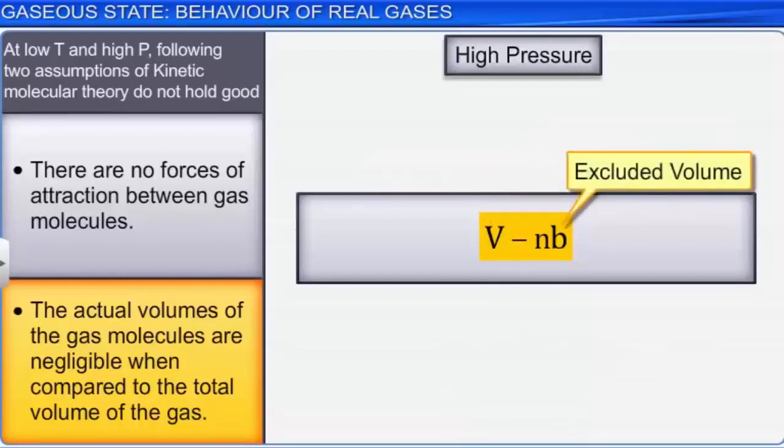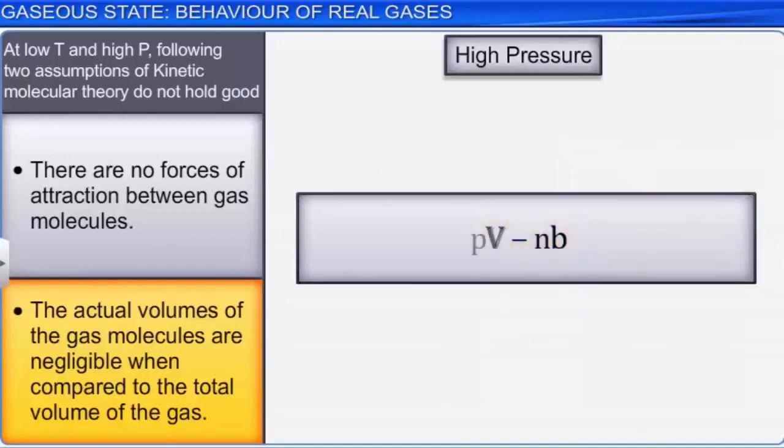After substituting the two corrections of pressure and volume in the ideal gas equation, PV equals nRT, we get (P plus a n squared by V squared) multiplied by (V minus nb) equals nRT. This equation is known as the van der Waals equation.